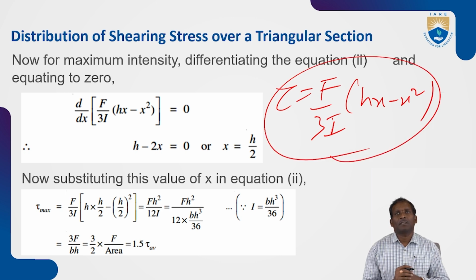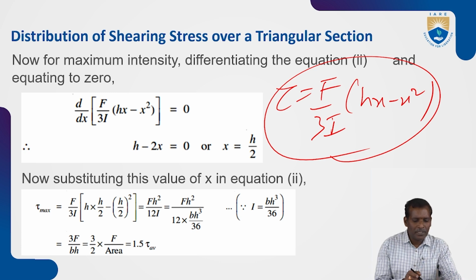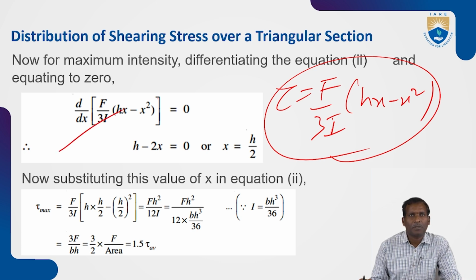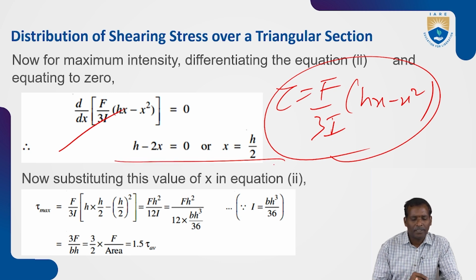So differentiating this equation with respect to x and equating to 0, you will get h minus 2x is equal to 0, or x is equal to h by 2.